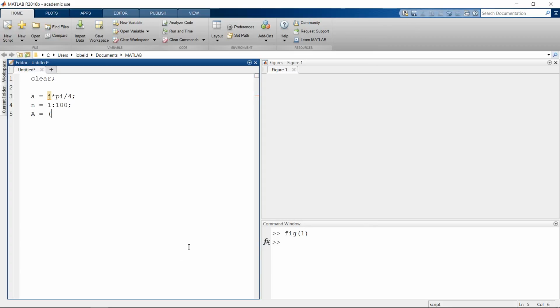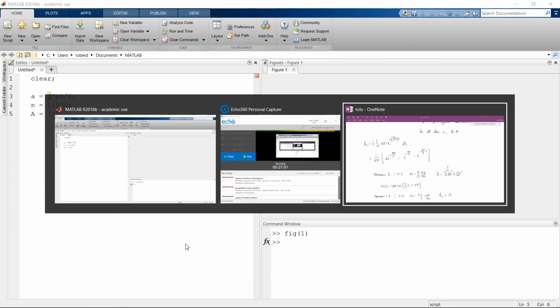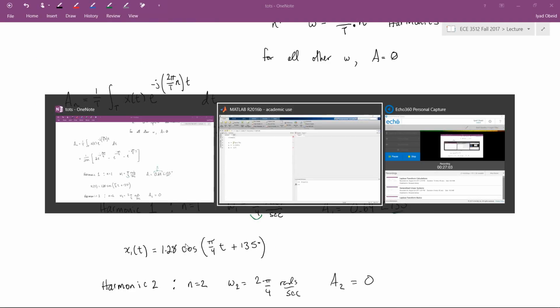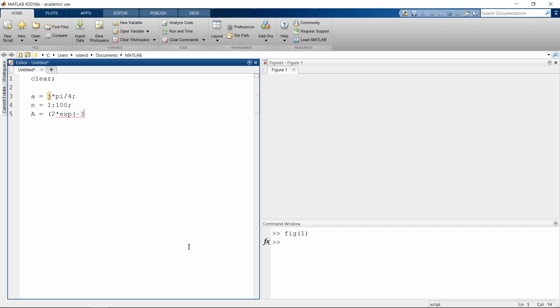Okay, and then A equals 2 times, let's make sure I get this right, e to the minus 3 times a times n, minus e to the a times n, minus e to the minus 7 times a times n, divided by 2 times j times pi times n.